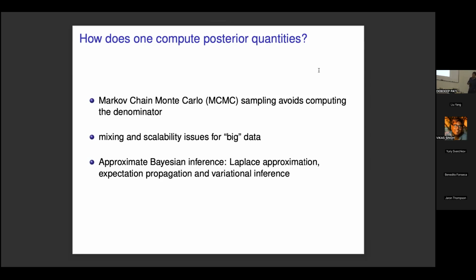But with the advent of more and more complex data, there has been some issues with applying MCMC. It's fair to say that one requires a lot more care and tuning to guarantee the performance of MCMC. So there has been a parallel development in approximate Bayesian computation methods, starting out with Laplace approximation in the late 50s, and then moving on to more structured inference towards the beginning of this century, under the general umbrella of belief propagation that includes expectation propagation and VI as a special case.